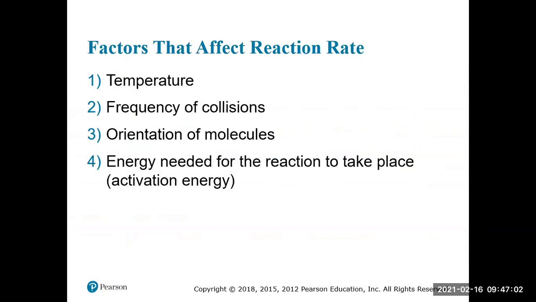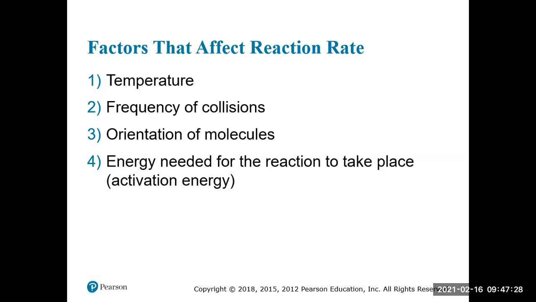They have to interact with each other, and depending upon what bonds you're trying to break or form, the molecules have to orient themselves so that that part of the molecule is interacting with the right part of the other molecule that you're reacting it with. So first of all, you've got to have that collision, and second of all, you've got to have the right orientation.